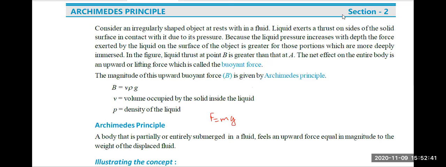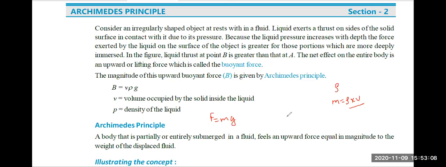And suppose the liquid is having density rho. So what will be the mass of the liquid? Tell me, guys. The mass of the liquid will be rho into V. But when we talk about volume, this volume is the volume displaced by the solid, or the volume displaced by the object. Yes or no? Tell me.